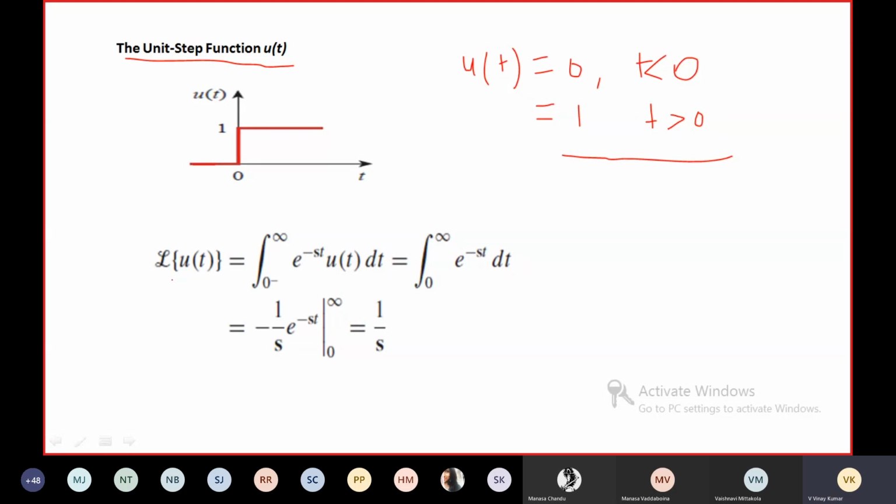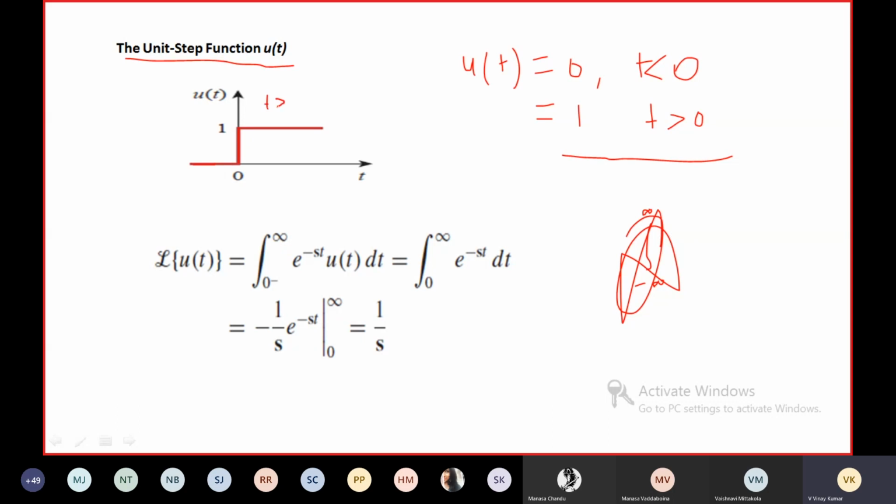So Laplace of u of t: even if you take the integration from minus infinity to infinity, from minus infinity to 0, u of t will be 0. That's why you take limits from 0 minus to infinity, as this function is defined only for positive values of time.